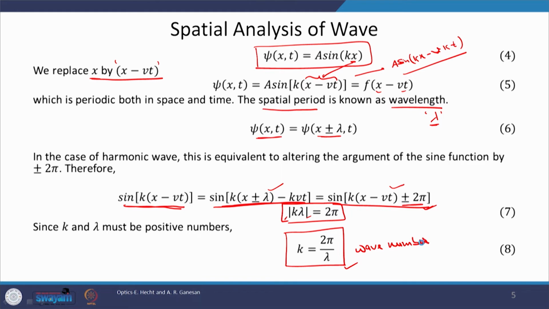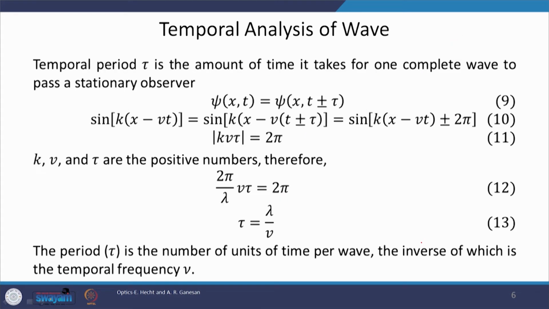Okay. Now, since the wave function is periodic both in space and time, and here we have studied the spatial periodicity, let us now analyze the temporal periodicity. Let us assume that the temporal period is tau.